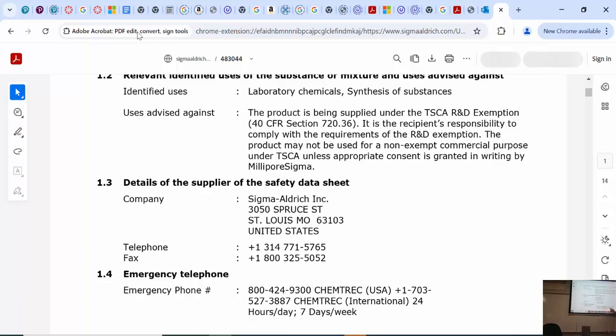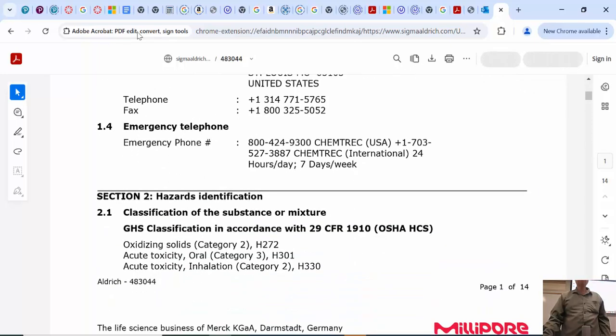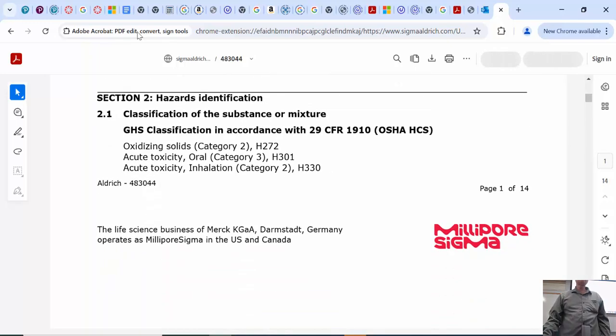This is 24/7, 365. So any day of the year you can call this in case there's some kind of emergency with potassium dichromate, either health or hazard, as in physical hazard. So it's an oxidizing solid. It's also toxic by oral, don't eat the stuff, and inhalation.